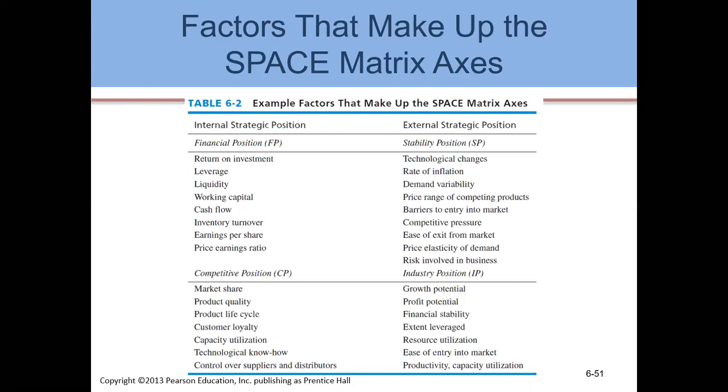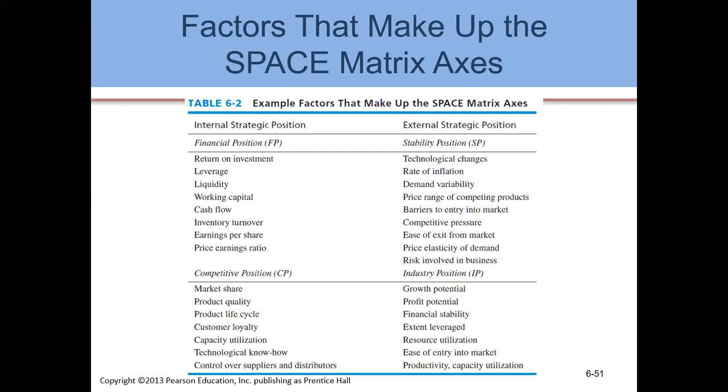When you talk about stability position, SP, the things we need to calculate are technological changes, rate of inflation, demand variability, price range of competing products, barriers to entry into market, competitive pressure, ease of exit from market, price elasticity of demand, risk involved in business. So these are all the stability position factors, which would be coming from the external audit or external strategic position.